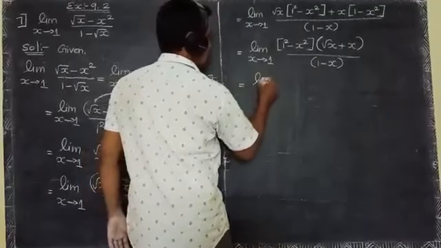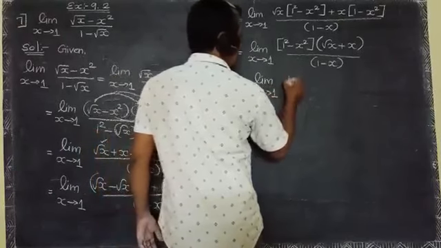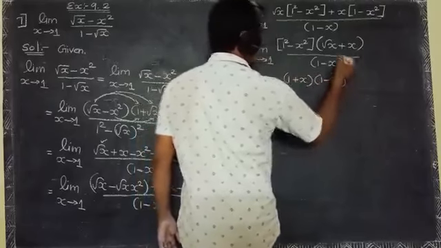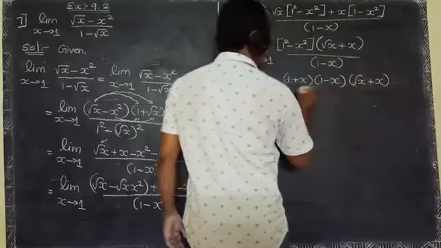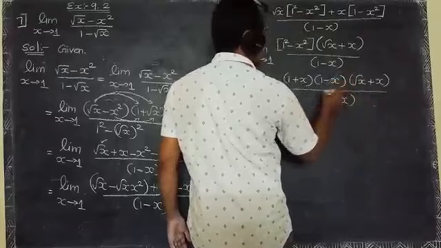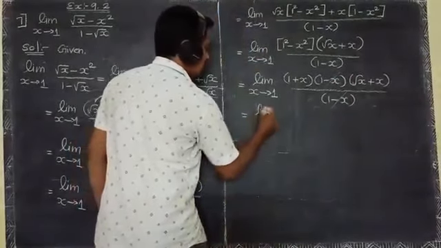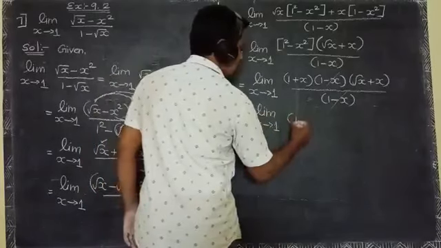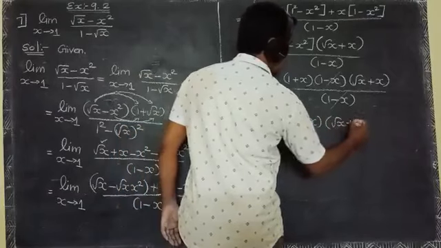It is limit x approaches 1, 1 plus x into 1 minus x into (square root of x plus x), then the denominator is 1 minus x. Here the factor 1 minus x is cancelled. Then the remaining is limit x approaches 1, 1 plus x into (square root of x plus x).